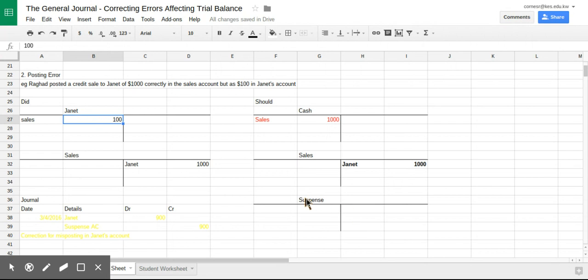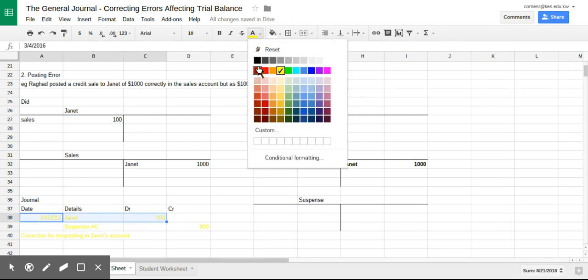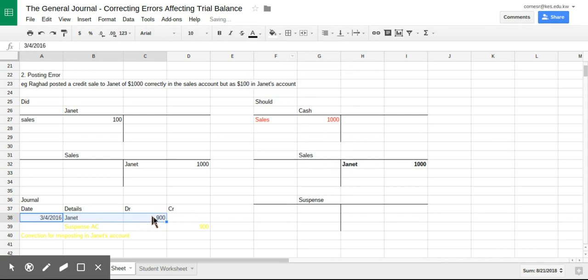So what we use is a strange little account called the suspense account for putting the other entry in for these corrections. So if we look in here in the journal, the first entry I'm going to put in is the debit entry, and I'm going to debit Janet's account by $900. The other account is going to be called suspense.